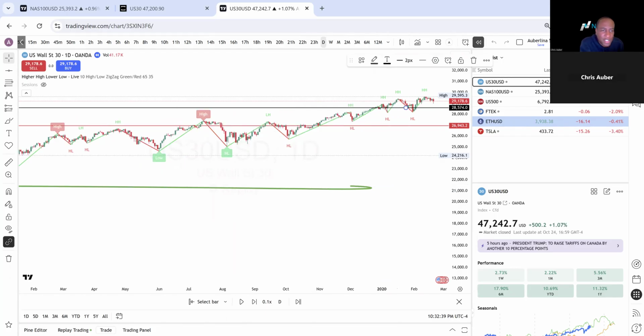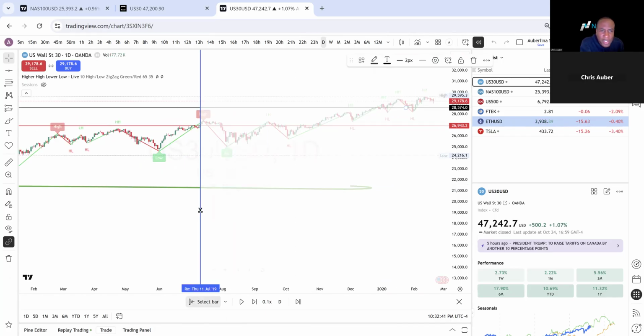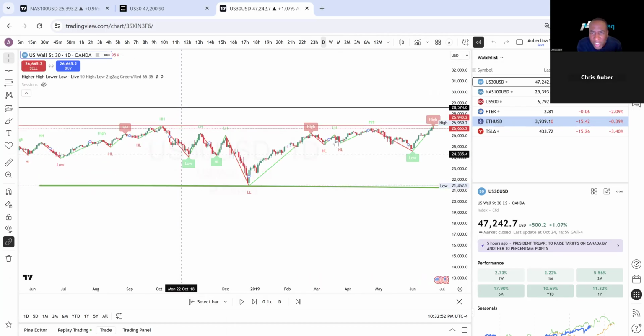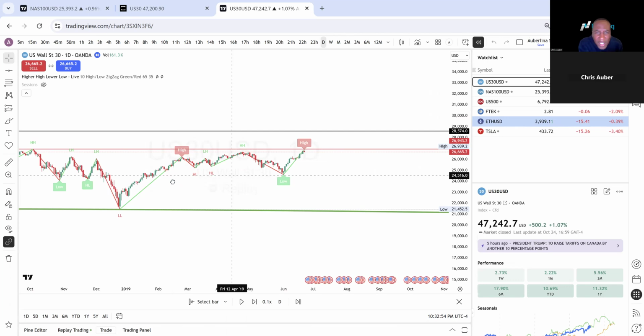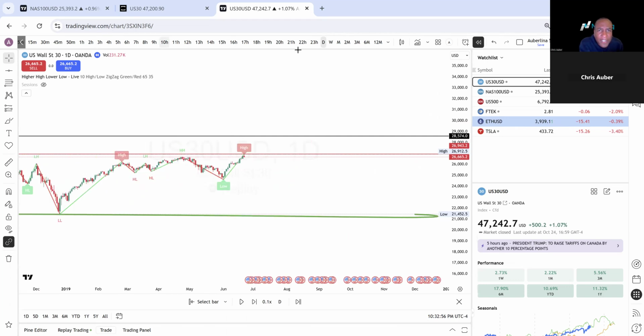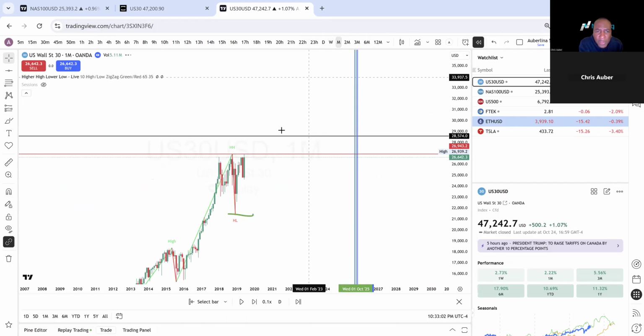And let me just do this here. So you'll see once it broke that line, it's going to be a higher high. Let's look at the monthly time frame. Okay.